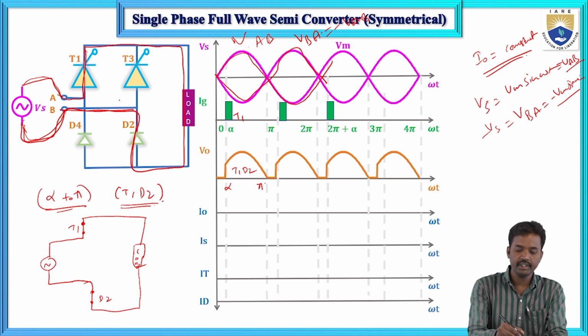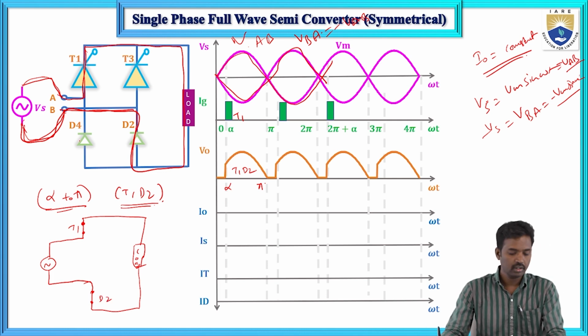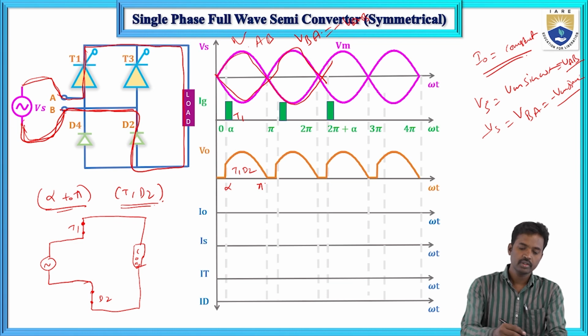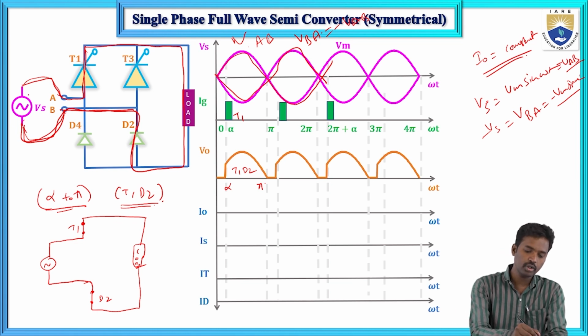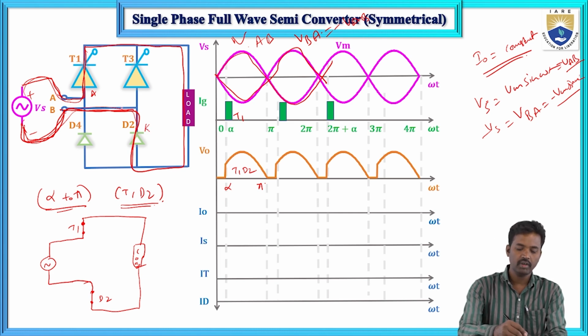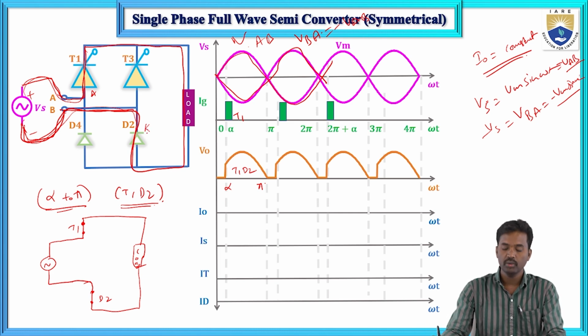T3 and D4 are open circuited. This is during the forward bias condition: plus is connected to the anode and minus is connected to the cathode of the diode. So T1 and D2 are conducting.